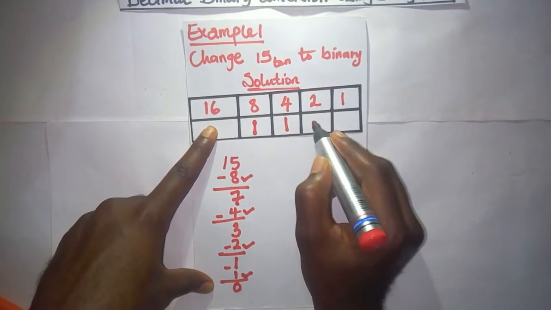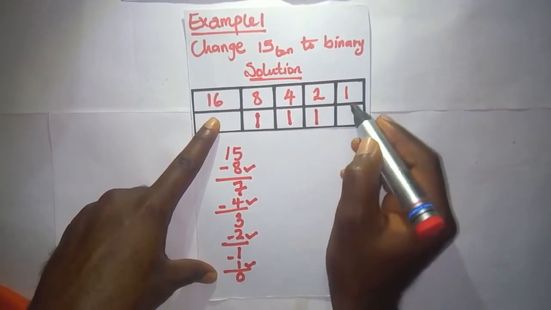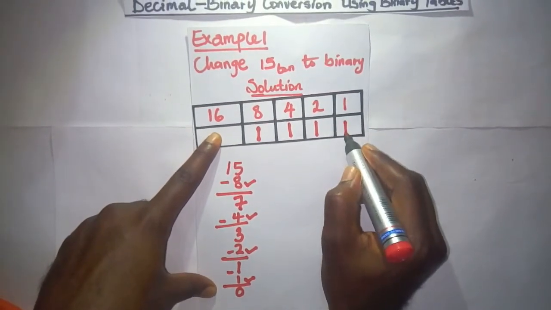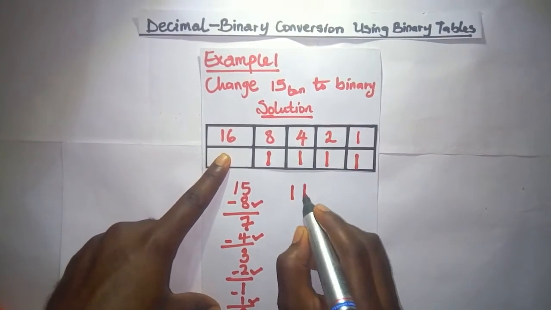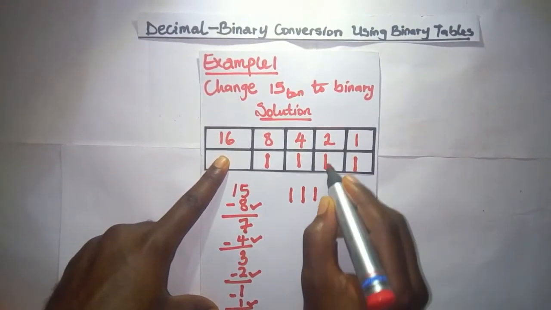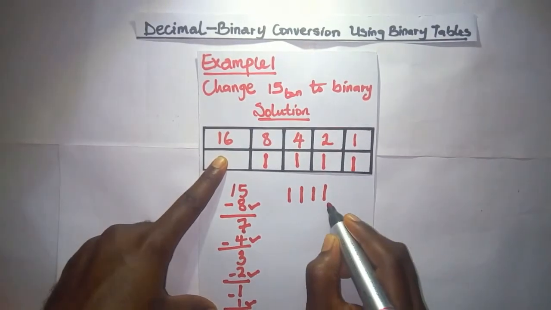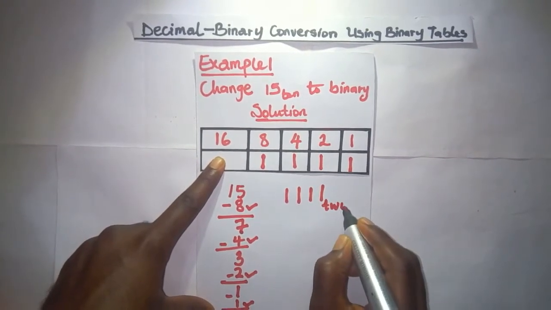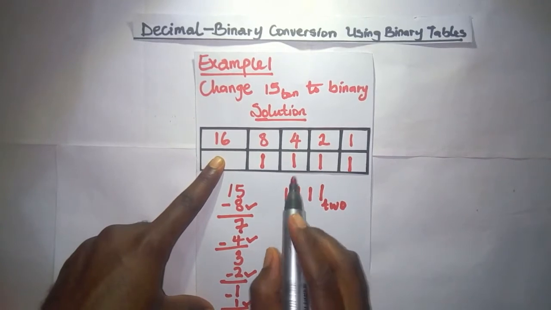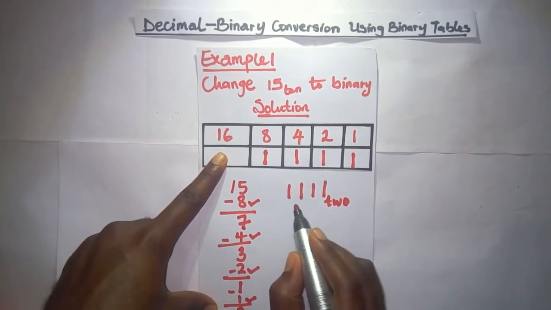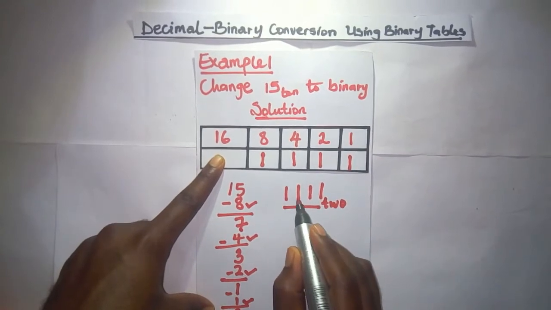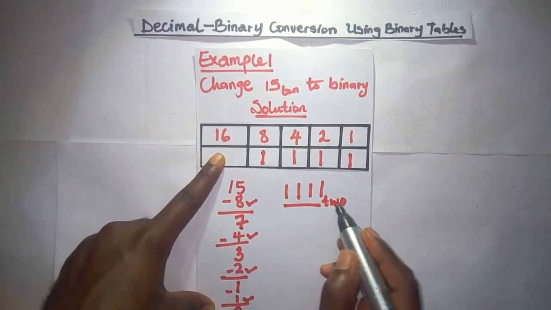We are using 2, yes. And we are using 1, yes. So we have 1, 1, 1, 1 base 2. So it means that 15 when converted to base 2 is going to give us 1, 1, 1, 1 base 2.